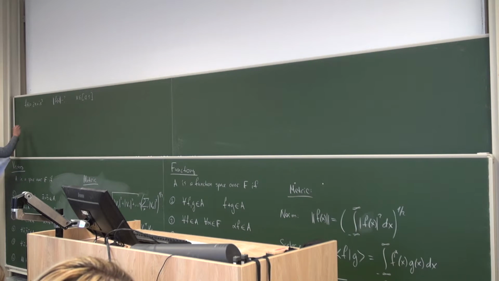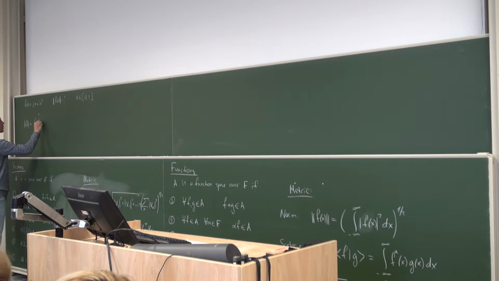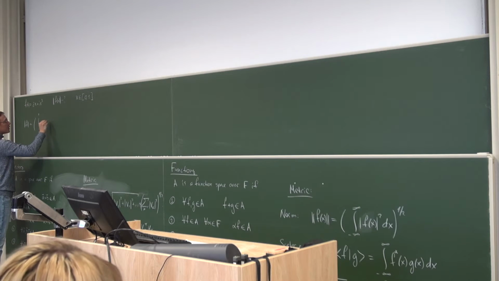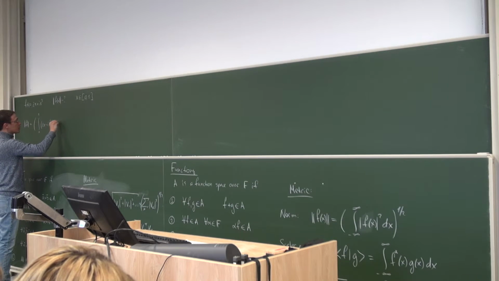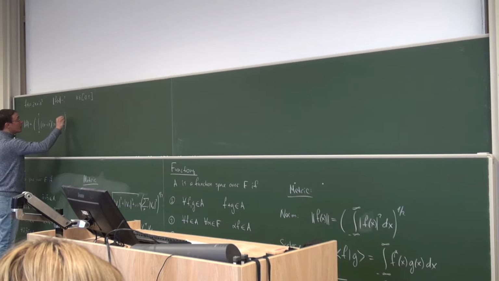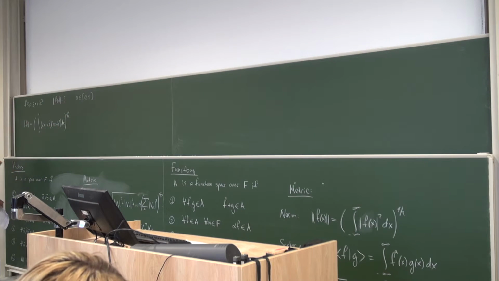We want the norm of that function on that interval. From the definition, norm f is integral, in this case from 0 to 1. The function conjugate goes in first, 2x minus 5x squared. Then the function itself, 2x plus 5x squared dx. And the whole thing is the square root. We multiply that up.